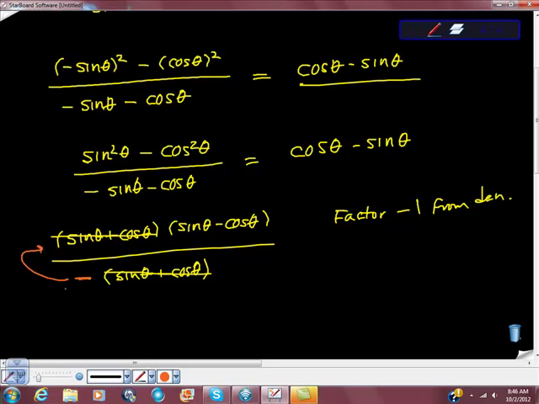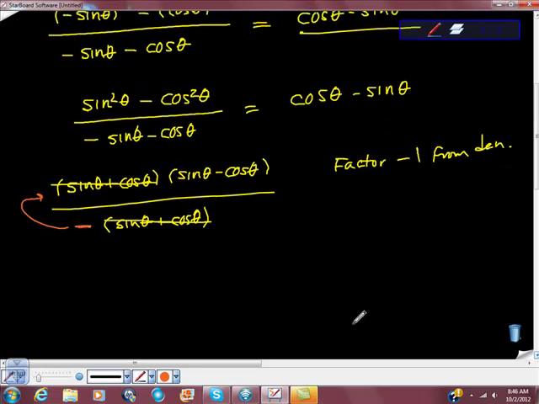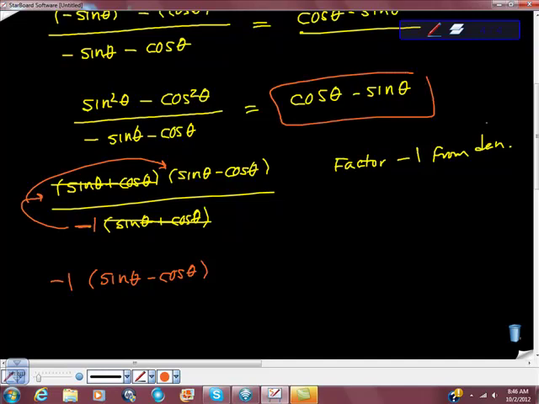I can bring it up here, and I can factor it through the top. So this negative 1 times that, right? And look what happens, times sine theta minus cosine theta. Remember, we had to get to this, didn't we? So I'll bring this down and see if we got there. We had cosine theta minus sine theta.